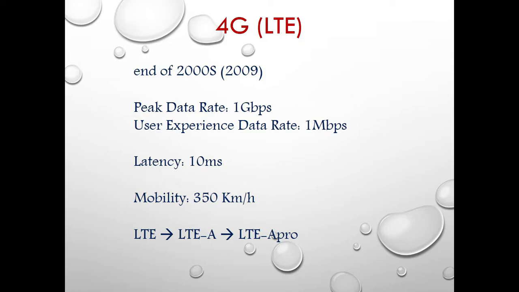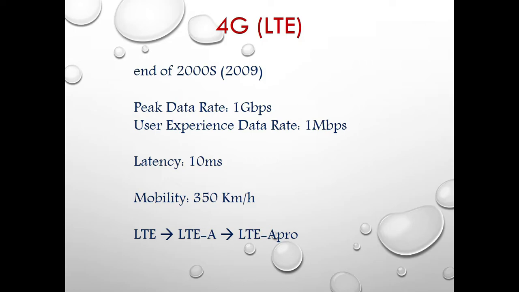After around 9-10 years, at the end of 2000s, LTE or 4G network came to reality. It was a breakthrough in using the internet, and it improved the quality of web surfing, video streaming, downloading and uploading. They could improve the peak data rate to 1 gigabit per second, which was a massive number at that time.